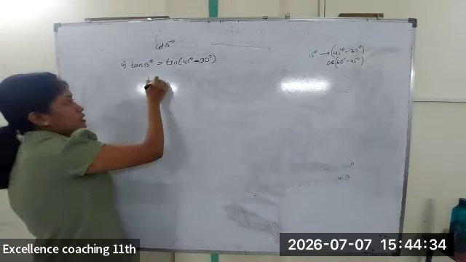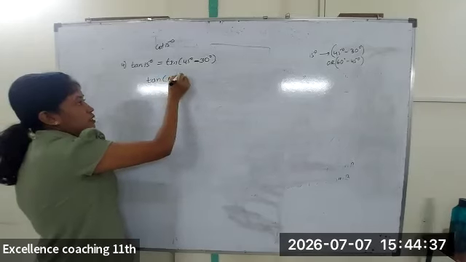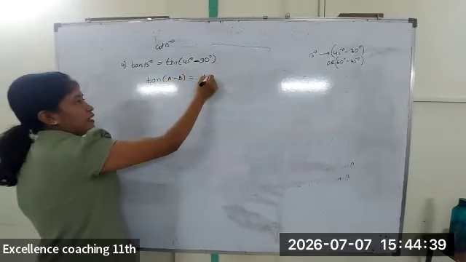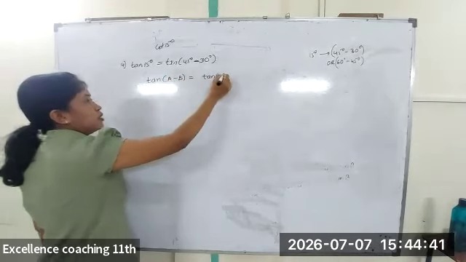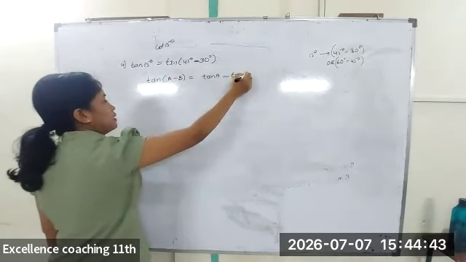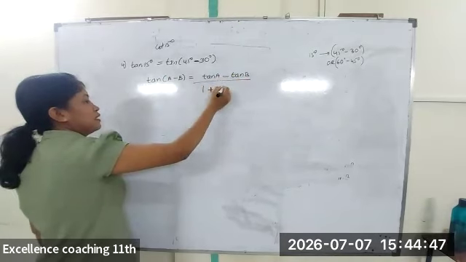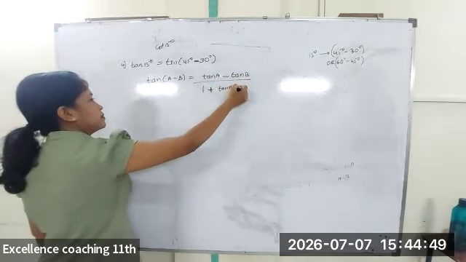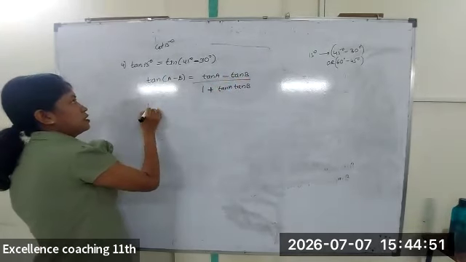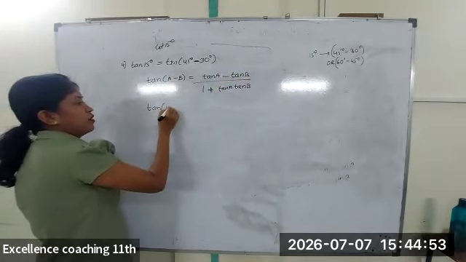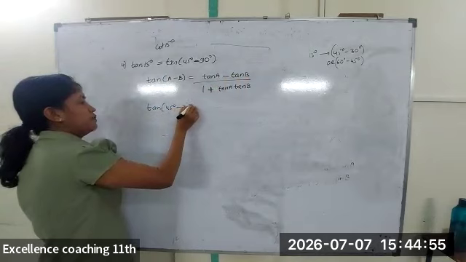So which formula is this? Tan of A minus B. So you know that this is tan A, same sign to be followed, minus tan B. If this is minus, opposite, plus will be here. And then multiply both of them. So tan of 45 minus 30.